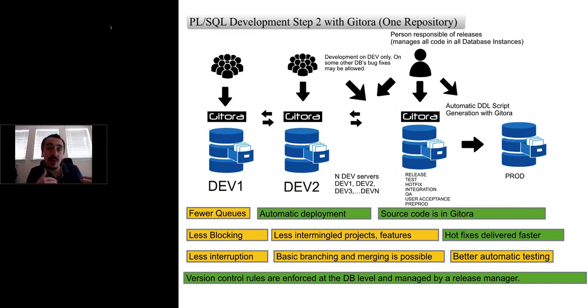This way, it's going to be a lot less blocking. Project teams are going to work on different databases, and it doesn't matter. They can do anything they want without interacting with the other teams. It's okay. Both teams separately can edit the same package without talking to each other, and that's just fine, because eventually the whole thing is going to be merged either at the test database or at the integration database.